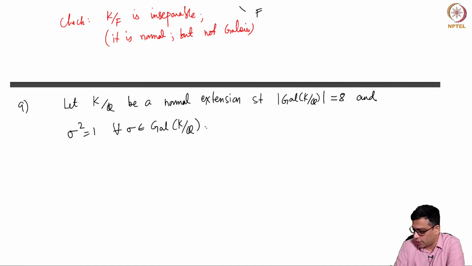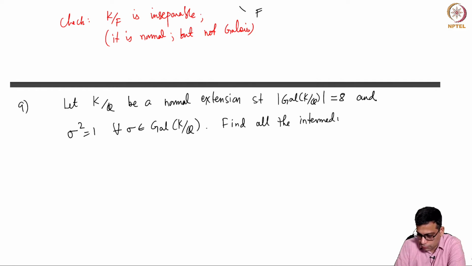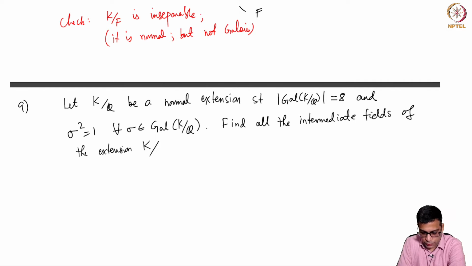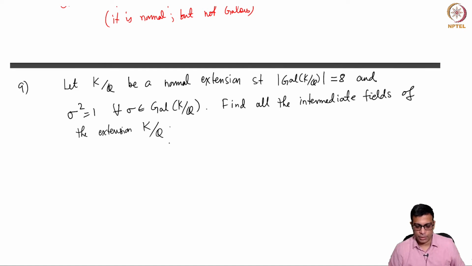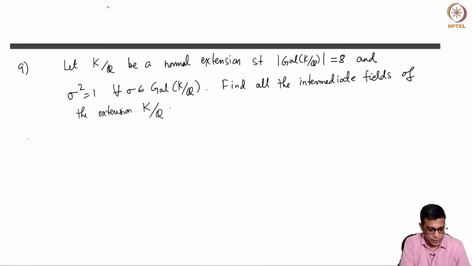The question is: find all the intermediate fields of the extension. In fact, you can take Q to be F, but make it a characteristic 0 field, then this works.